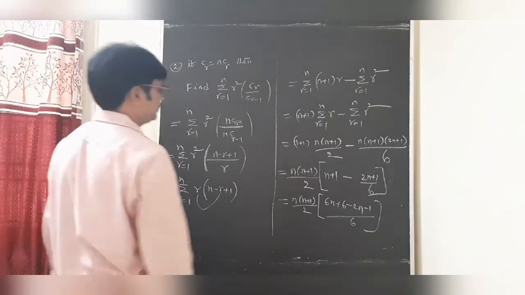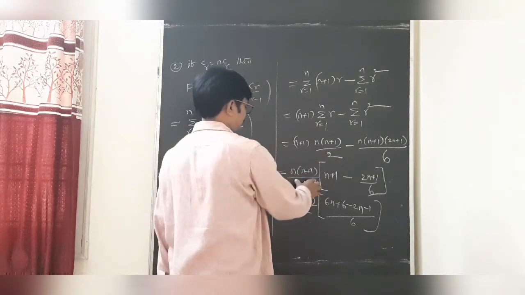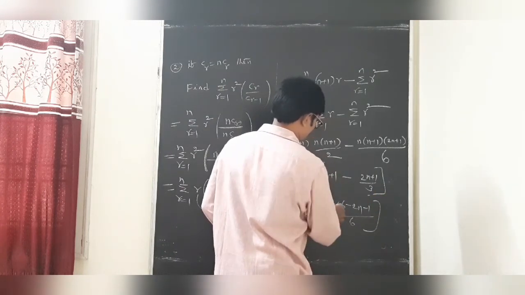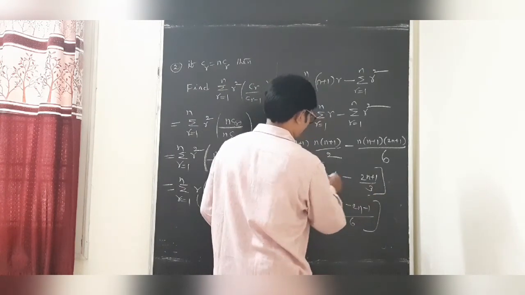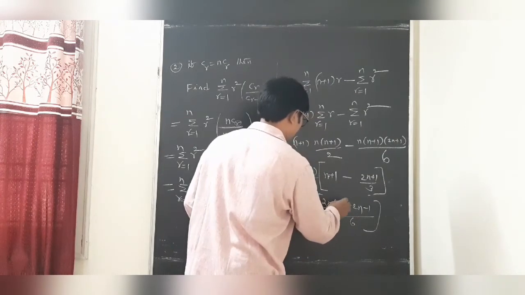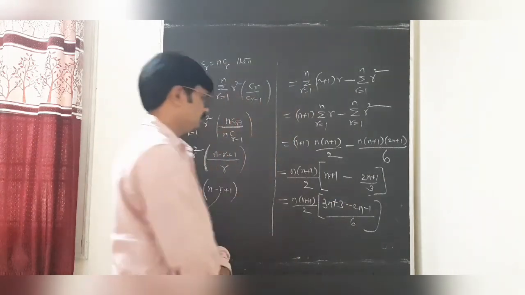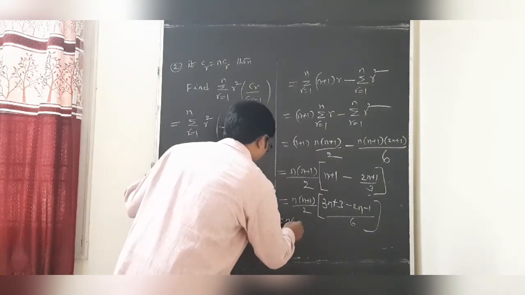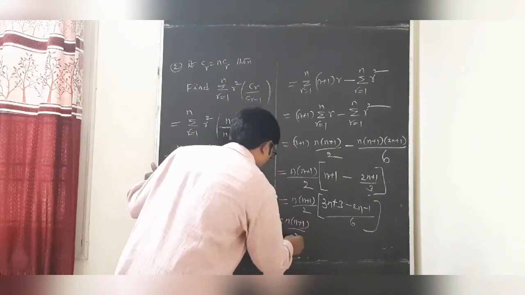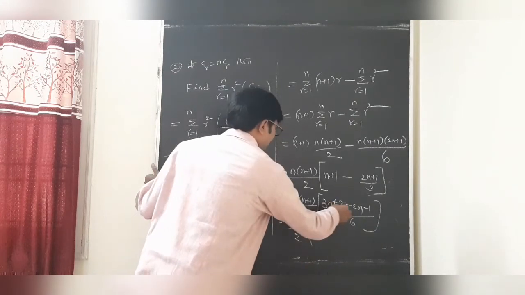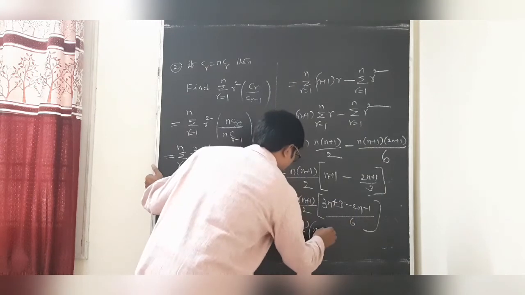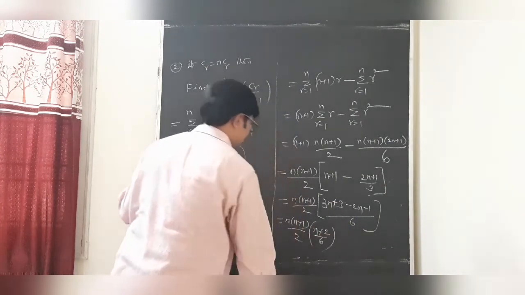My dear students, here n into n plus 1 by 2 is taken common, and there is 3 in the bracket. So undoubtedly it will be 3n plus 3. So n into n plus 1 by 2, 3n minus 2n is n, 3 minus 1 is 2, by 6.